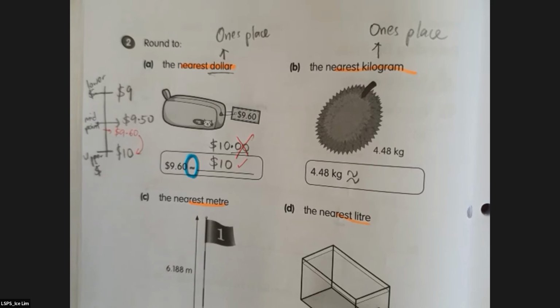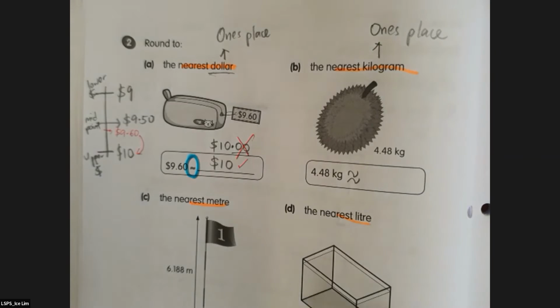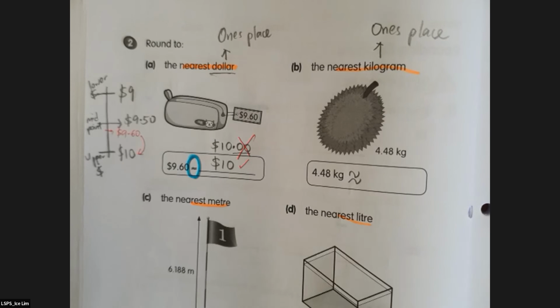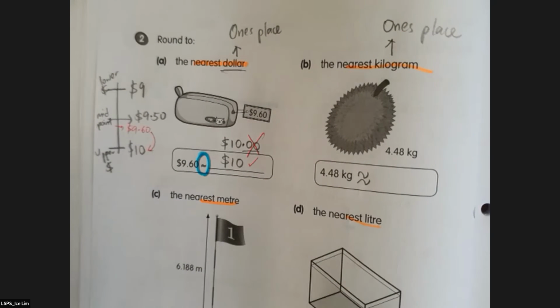Now, looking at the durian here, are you done with 36, 37, 38? If you're done with 37, 38, can you raise your hand? Who thinks you are ready to explain to the class? Okay, very good. Rasha, you will explain page 37, question C. Alright, you'll explain page 38, question C. Anybody else?